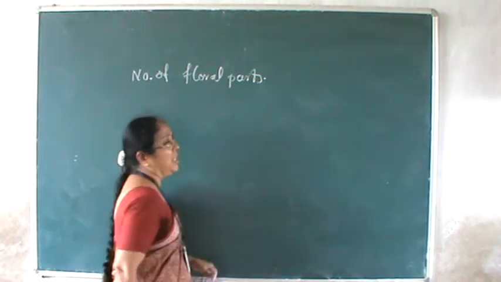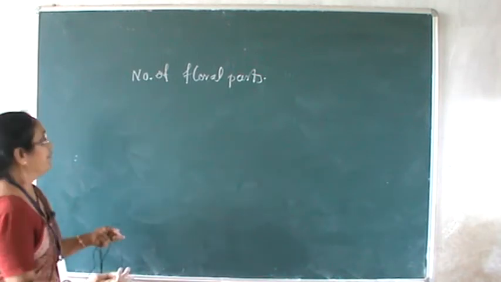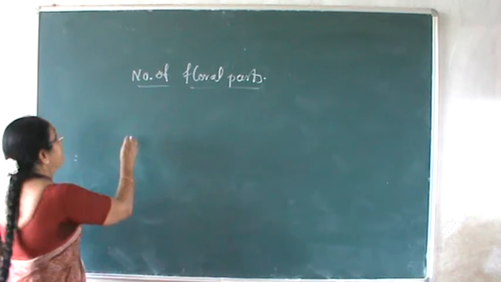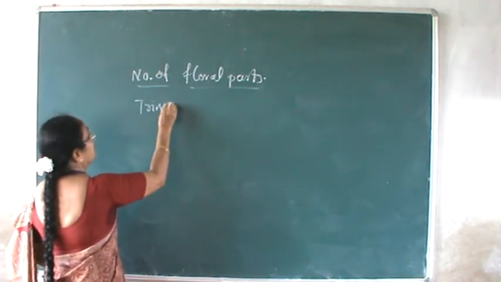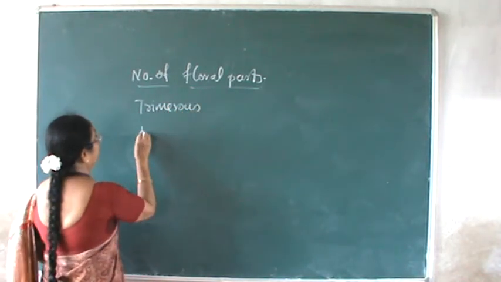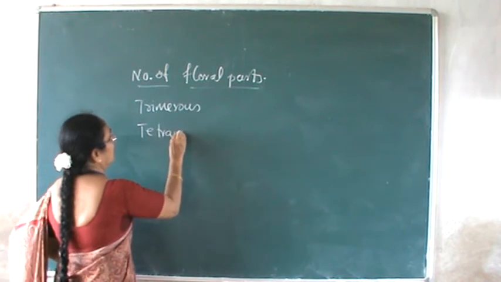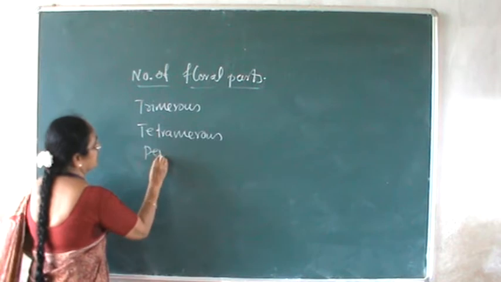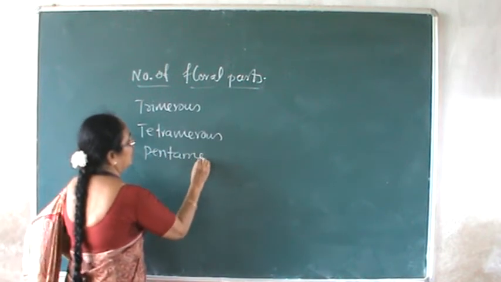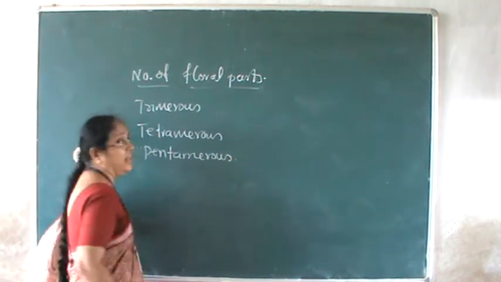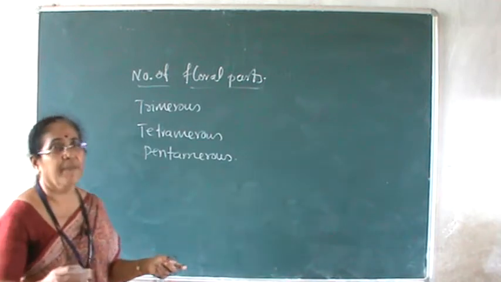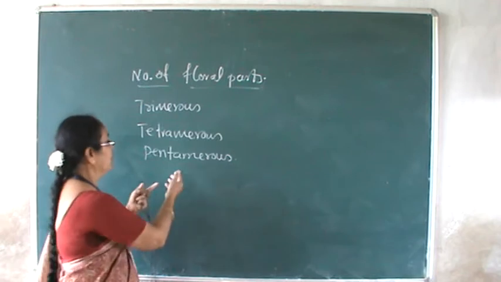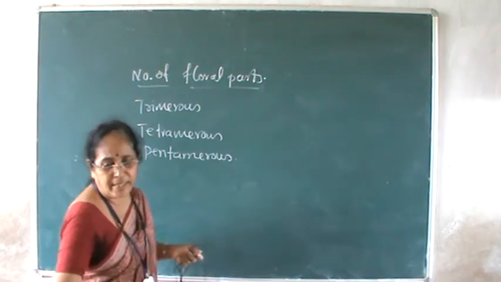Based on the number of floral parts, you can use different terminology to explain the flower: trimerous, tetramerous, and pentamerous. There are only 3 different words to explain 3 different types of flowers. There are no dimerous or polymerous and so on.